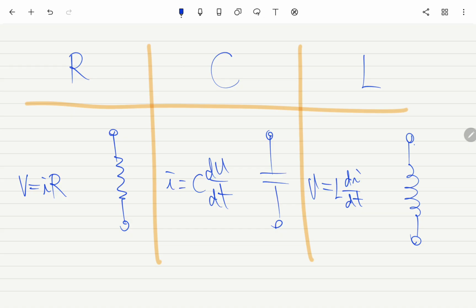So for V in this direction, I is from positive to negative across this resistor. Similarly for this one, V is like this and I is also in this direction, and for the inductor, also like this. They are consistent with each other.